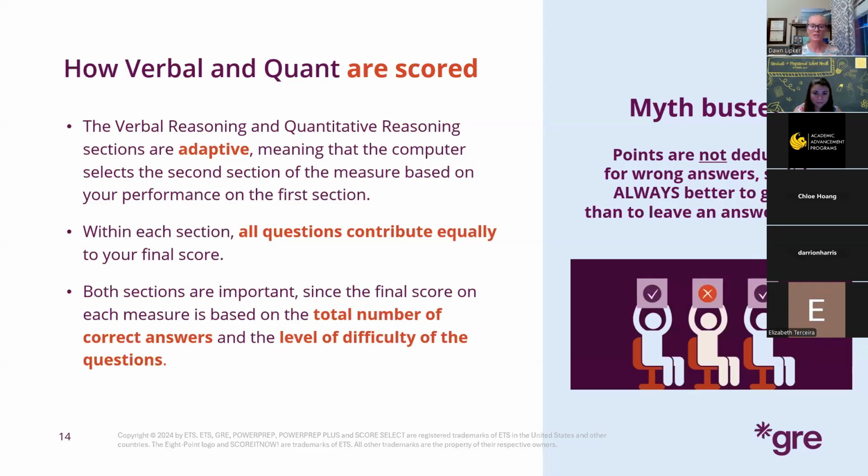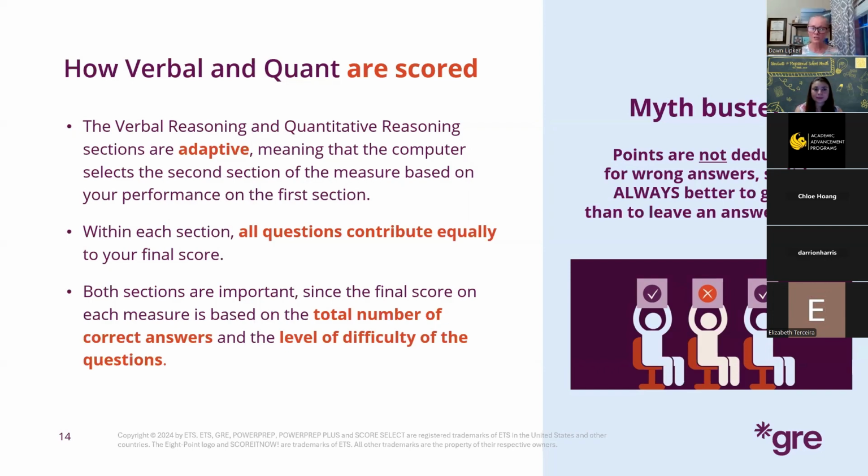And I'm going to show you an infographic that I think explains it even better. Regardless of how well you do, all questions contribute equally to your final score. And your final score is determined by the total number of questions you get correct, as well as the level of difficulty for each section.